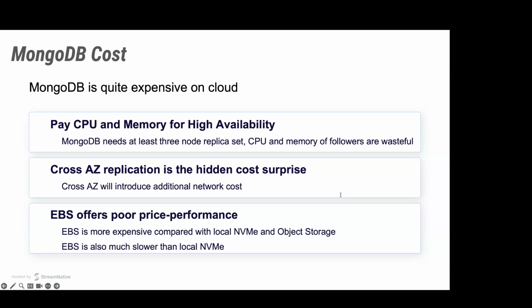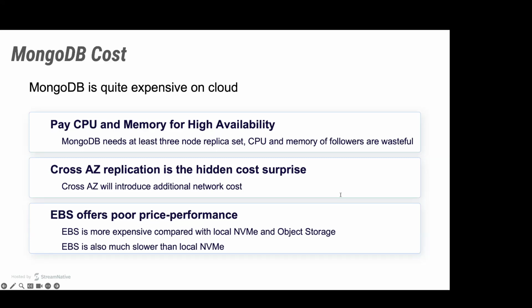MongoDB's cross-AZ replication also introduces additional network cost. Besides, EBS performance is quite slow compared with local NVMe. You are paying a lot to bring Mongo to the cloud.